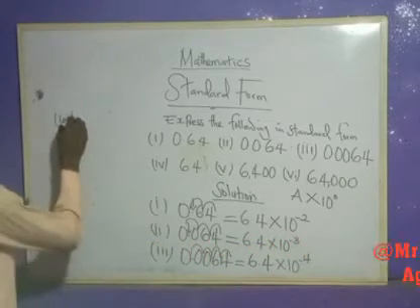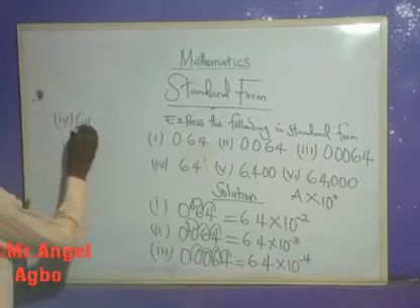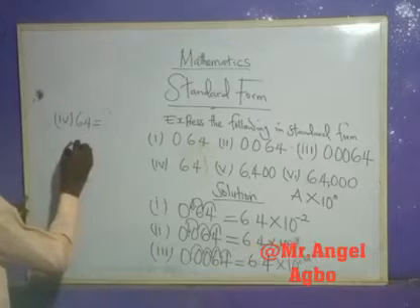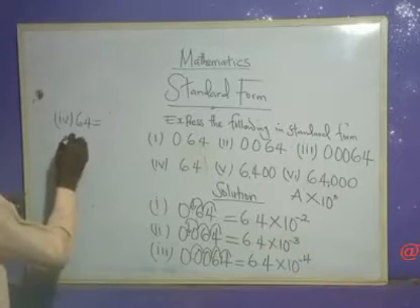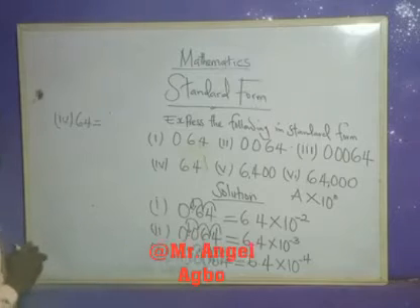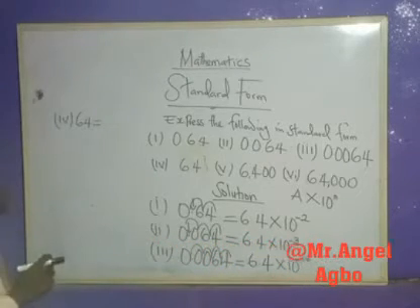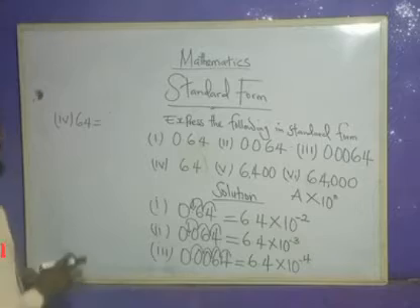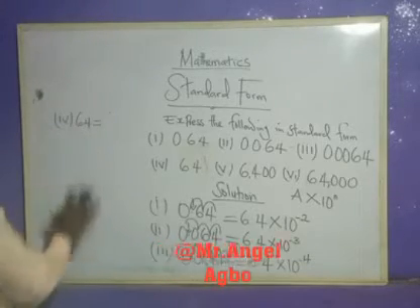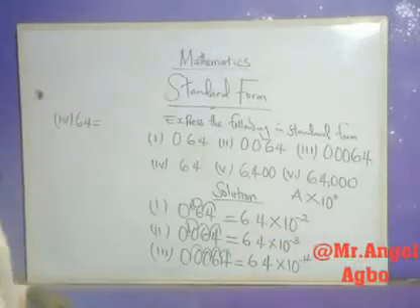Number 4 says 64. 64 is equal to... remember, for the positive number, that is the number that is greater than or equal to 1, we are counting to the left.